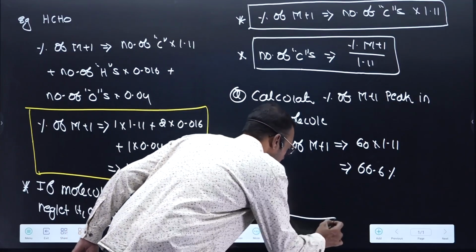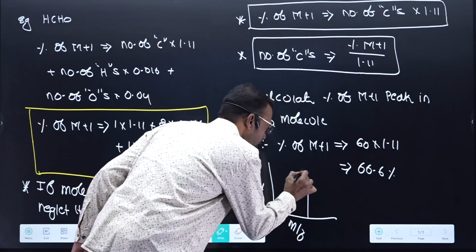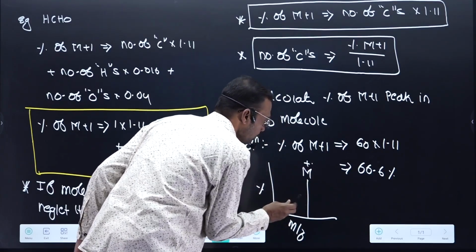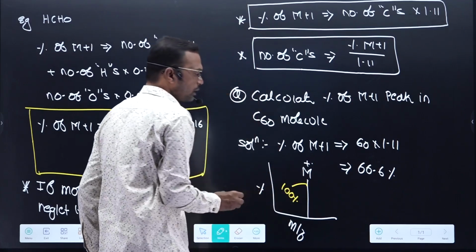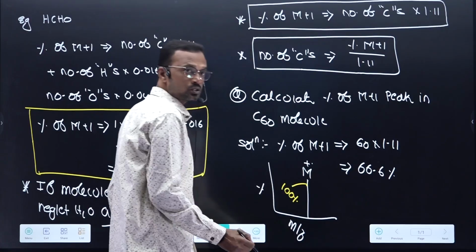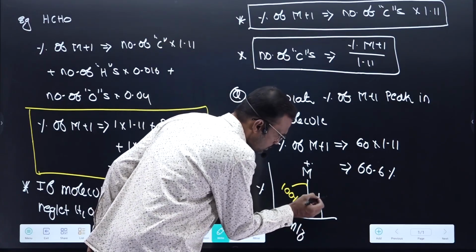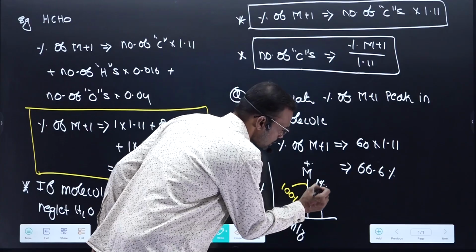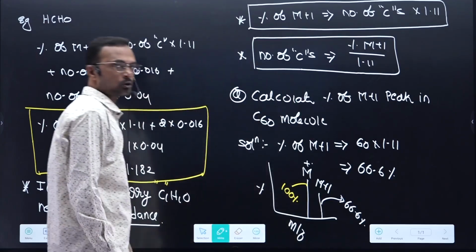So I can write it like this. See the spectra. This is the m/z value. Suppose this is the molecular ion, and just assume that it is 100%. Suppose the molecular ion is 100%, then this peak is 66.6%. This is M plus 1, and here is the 66.6% carbon contribution.